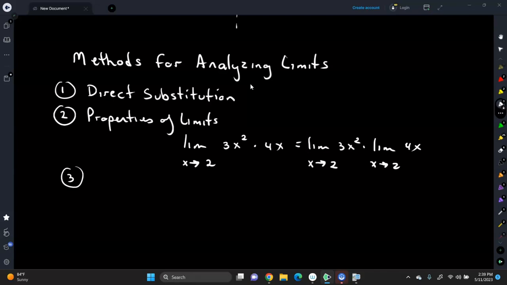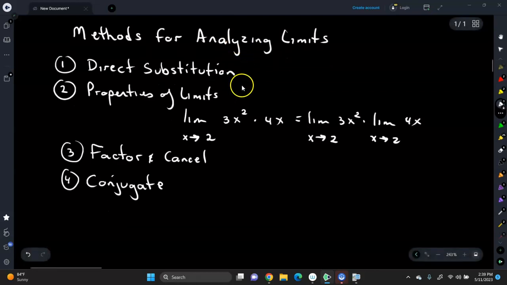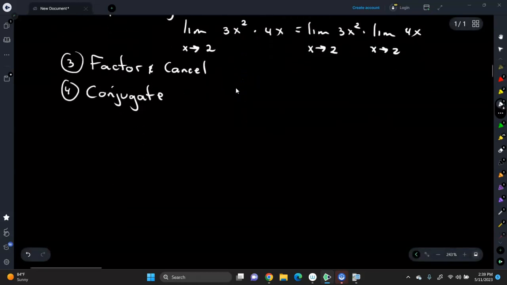Another thing that we're going to try and do is factor and cancel if possible. We're going to try multiplying by the conjugate if possible. One of the other things that we can do, we have two special trig limits that are important. So sometimes we just have some special limits that we memorize, right?